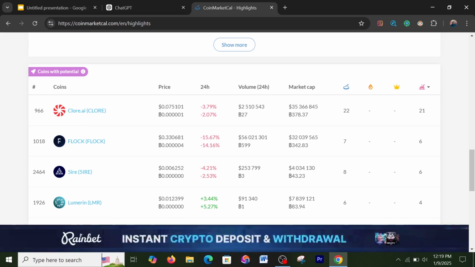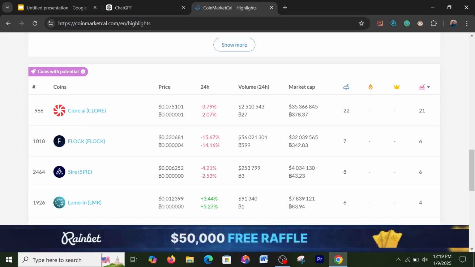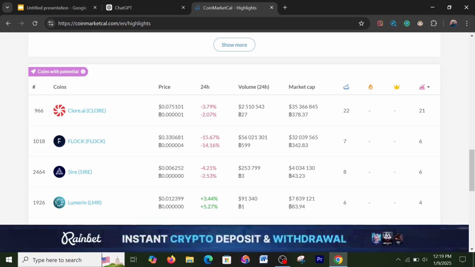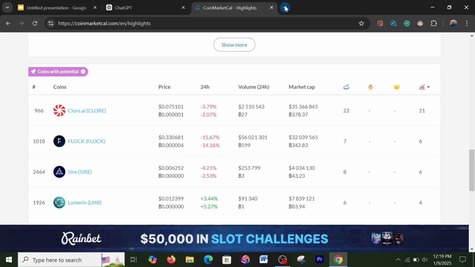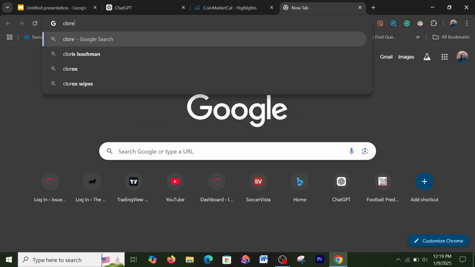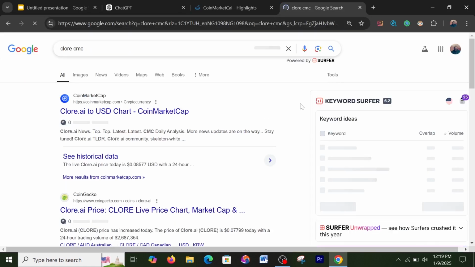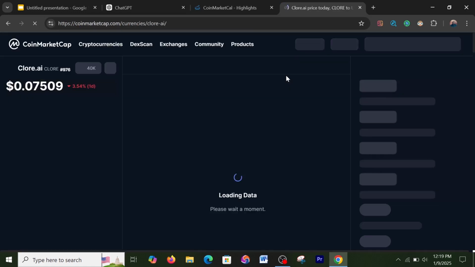Catalyst news means news that has the possibility of moving the price of a token. It's called catalyst news. So the next thing I do is to go to the token's page. A lot of people start from the main page, but no, I don't start from there. So this is where I do the analysis.